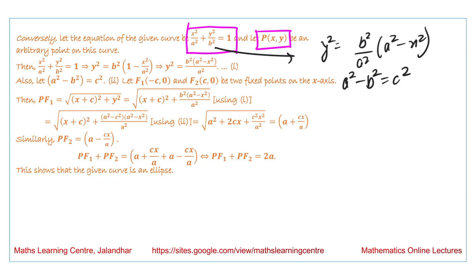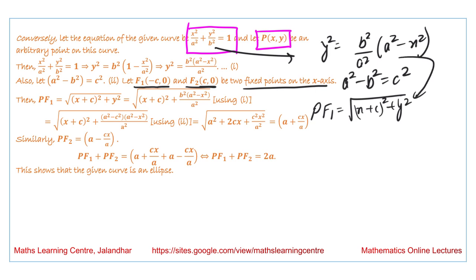So we are saying let F1 and F2 be two fixed points on the x-axis. Then if we calculate the length PF1, we have the square root of (x plus c) square plus y square. In place of y square we can substitute this value, and we get the square root of (x plus c) square plus b square by a square into (a square minus x square).